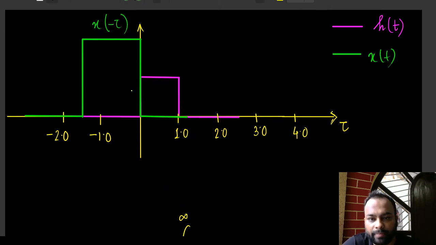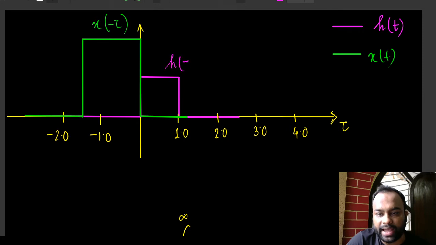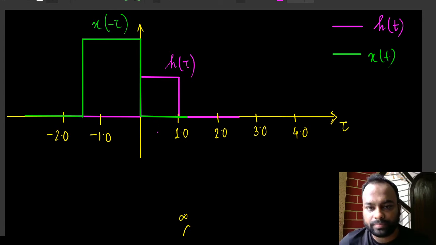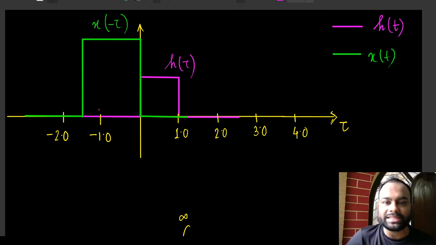Ht is this one, right? So this was ht. So this would be h tau. Instead of saying t, if I say tau here in this axis, this purple signal would represent h tau, just like ht. It's a very simple thing to understand, right? Okay. And what about x tau?